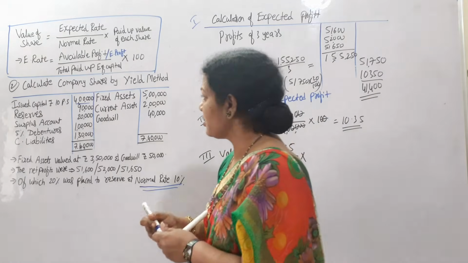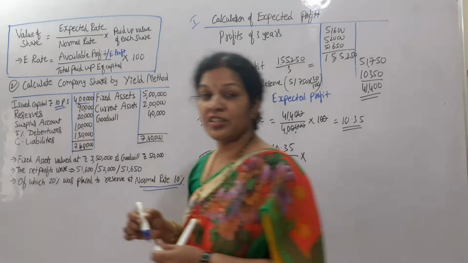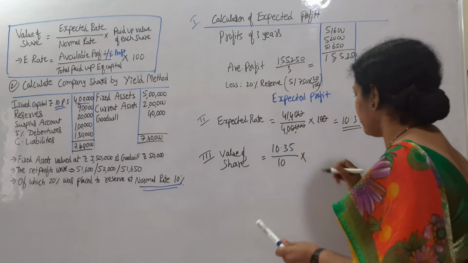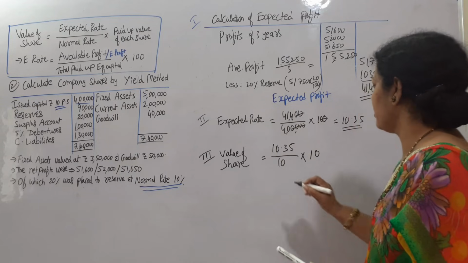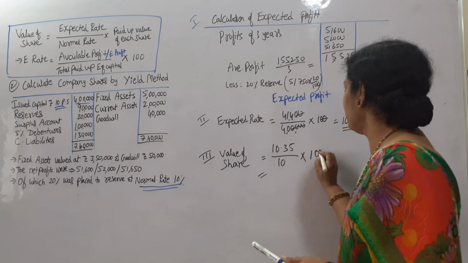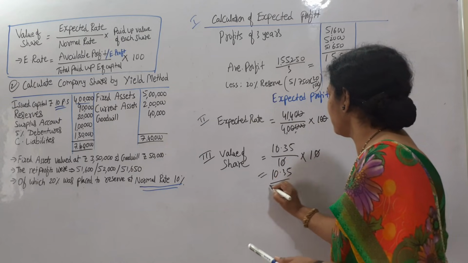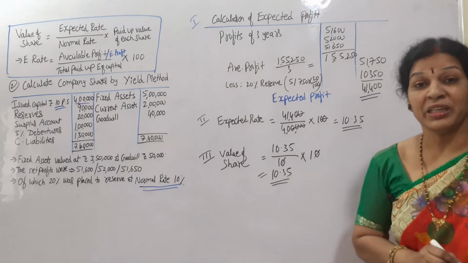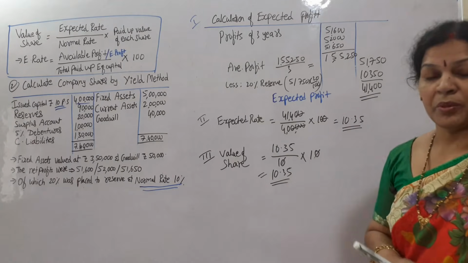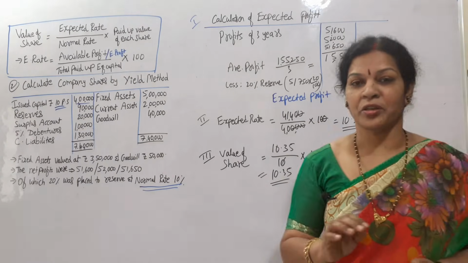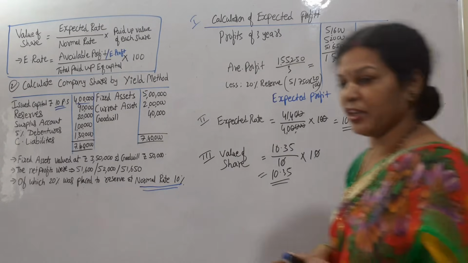Expected rate you already got, 10.35, by normal rate, which is given as 10%, into the paid up value of each share, which is 10 rupees, so 10 into 10. So it will be 10.35 only. Am I clear? This is the problem. First take a screenshot or note it down, then I'll explain once again.